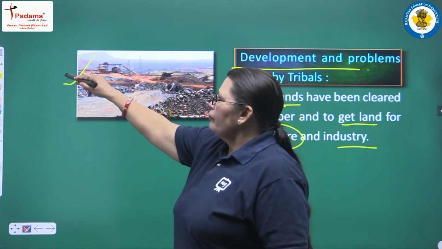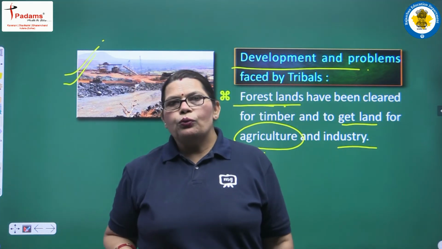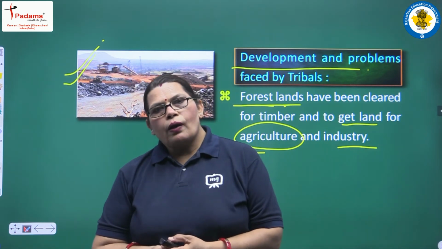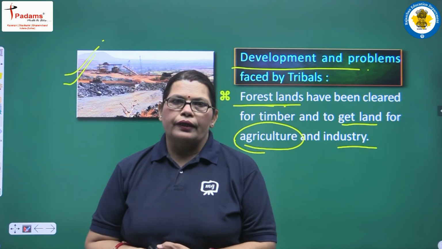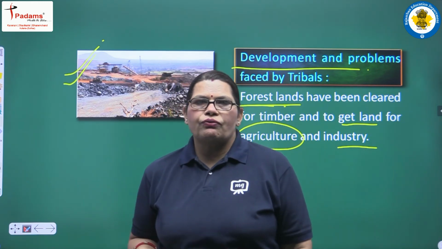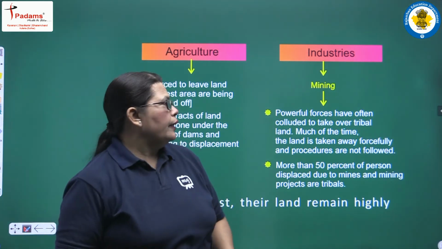See, when we are discussing industrialization here, we know that industrialization is necessary for the economic condition of any country. But how the people suffered, how the Adivasis suffered, how they faced a lot of problems is the main thing here.